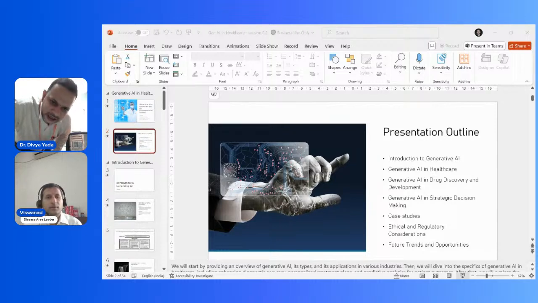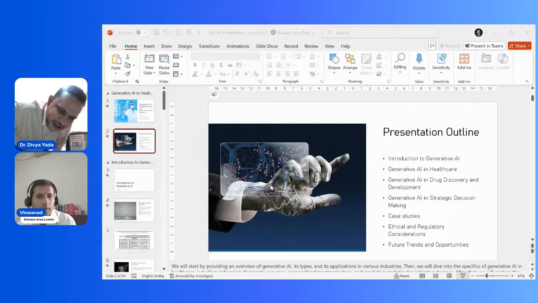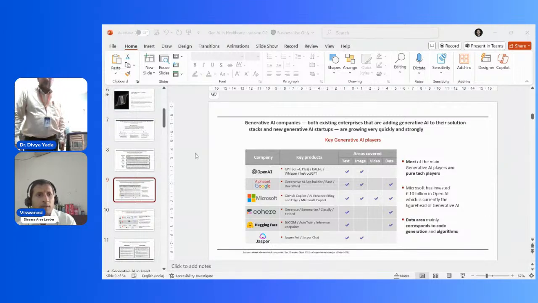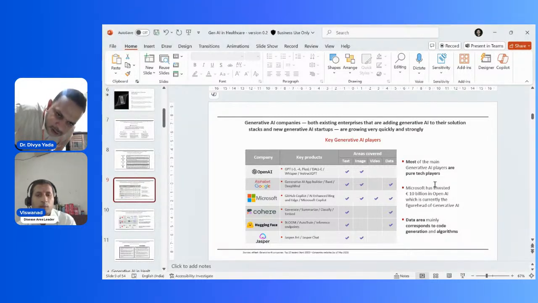Yes, only the first slide. It's the same slide. Now some table.